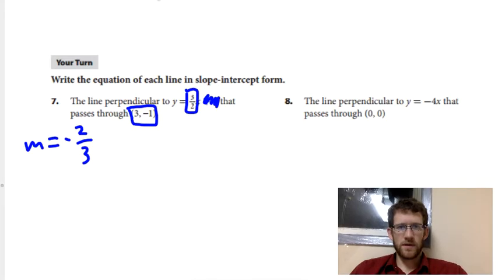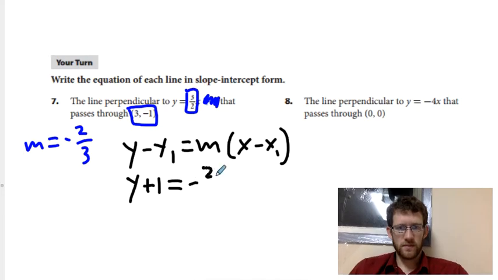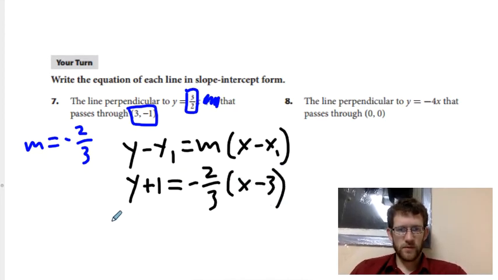So I'm going to write out my point slope form. y minus y1 equals m times x minus x1. And then I can fill those in. y minus this thing, which becomes a positive 1, equals negative 2/3 times x minus x1, and then we can distribute.